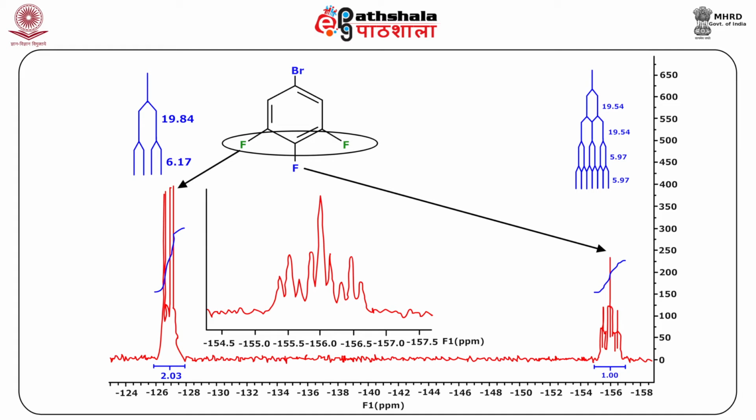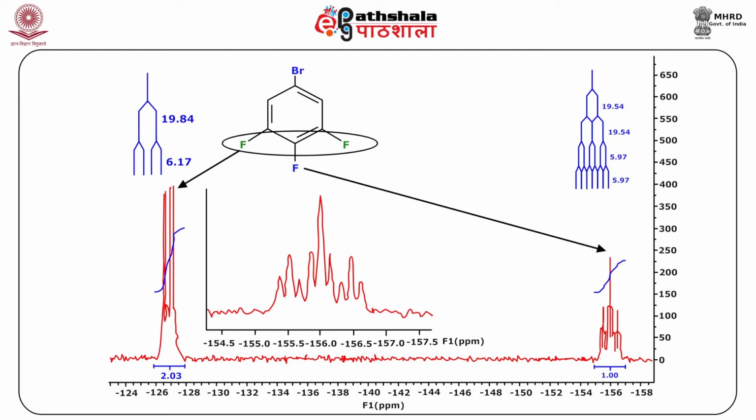Now, let us consider the figure which shows the 19F NMR spectrum of 1-bromo-3,4,5-trifluorobenzene. There are 2 sets of fluorine atoms in this. The fluorine atoms at the 3 and 5 positions are chemically different from the fluorine atom at the 4 position. Now consider F3 or F5: both nuclei couple with the adjacent F4 nucleus to give a doublet, which further splits into a doublet by the neighboring proton to give a doublet of doublets.